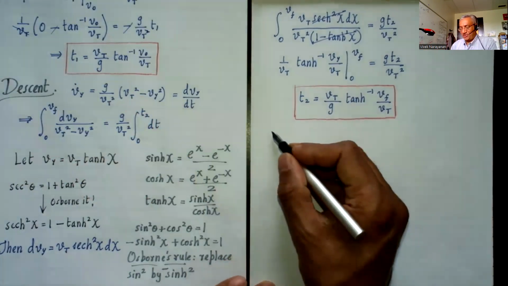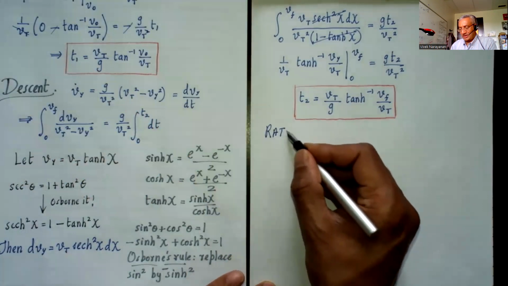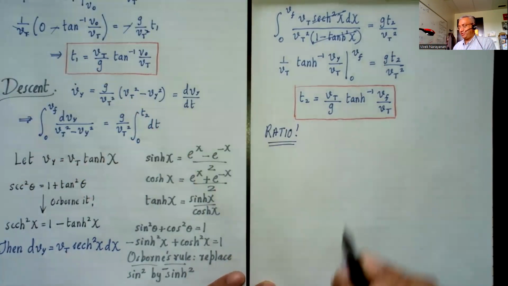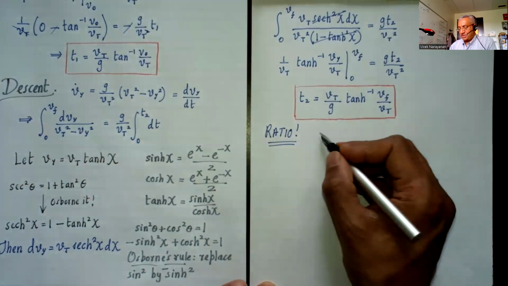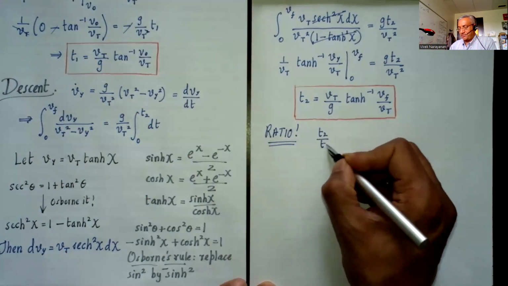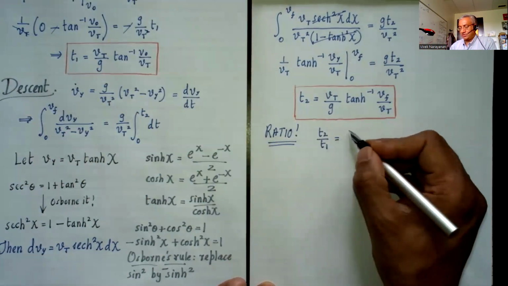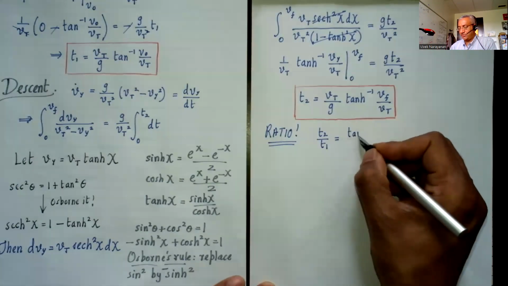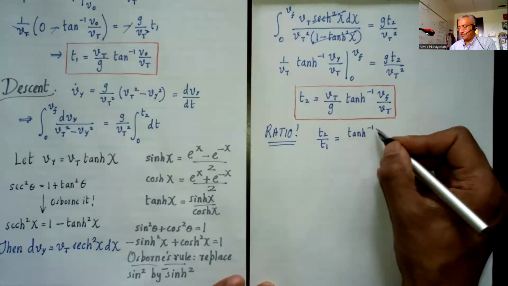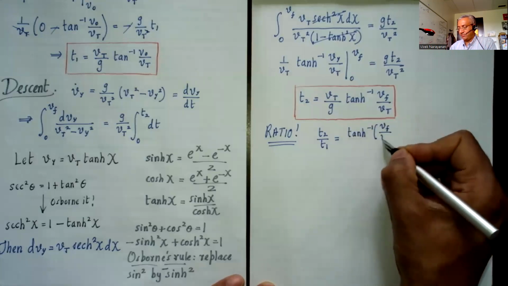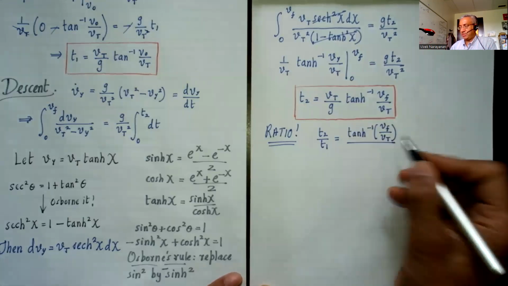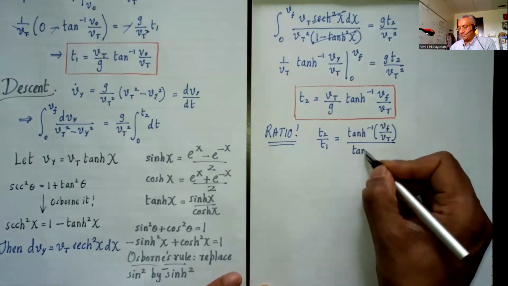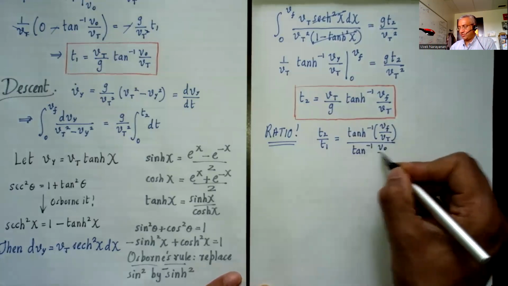So the ratio, how do we do the ratio? T2 over T1: the Vt over g cancels. So it's just tan hyperbolic inverse Vf over Vt divided by tan inverse V0 over Vt.